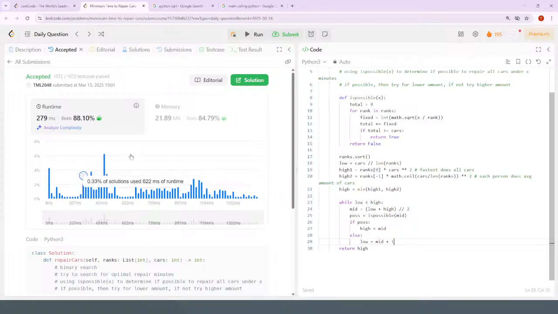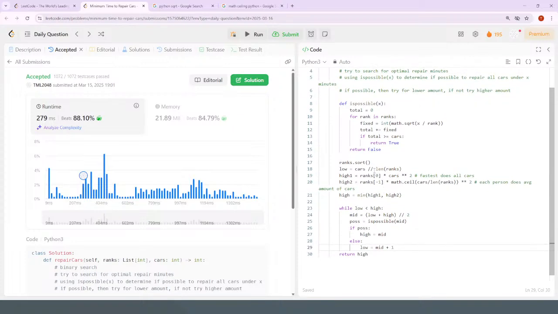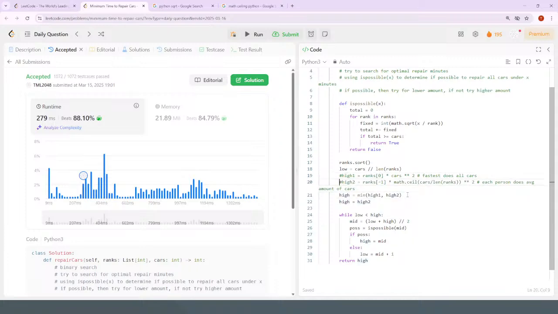Okay, incremental. I think this is slight improvements. I don't know that you really need to do this calculation. I think you can just say high is high 1 or high is high 2. I don't see how using one person can ever really be all that great.